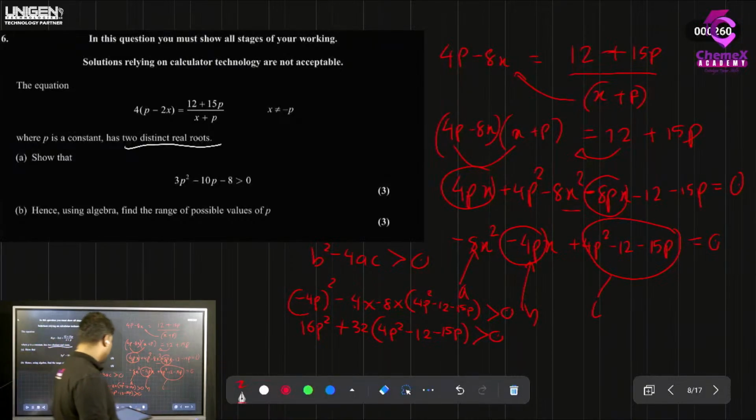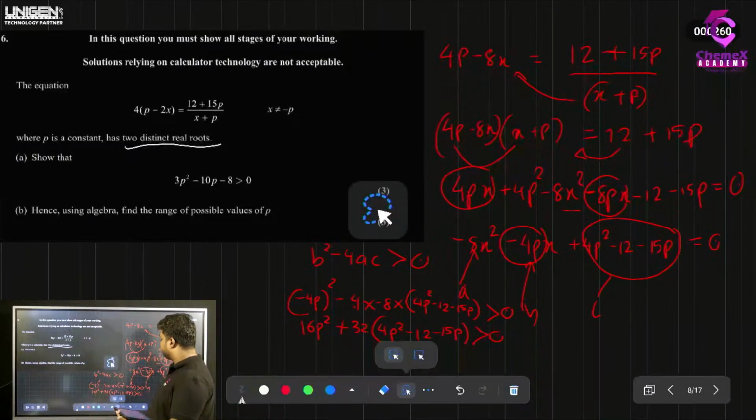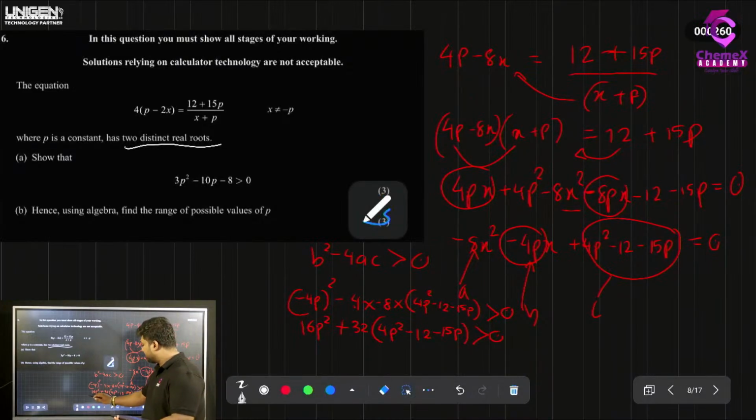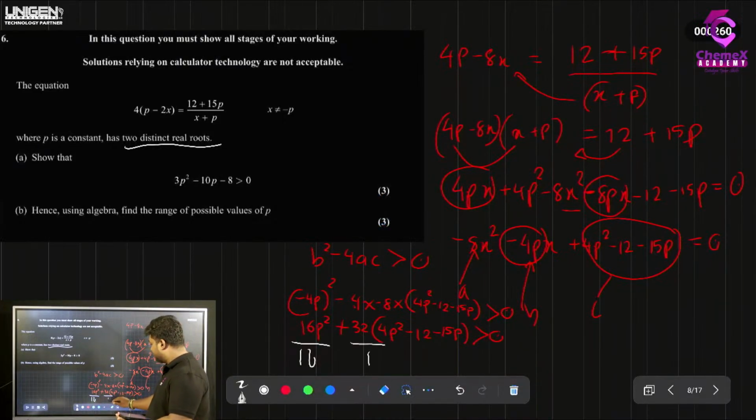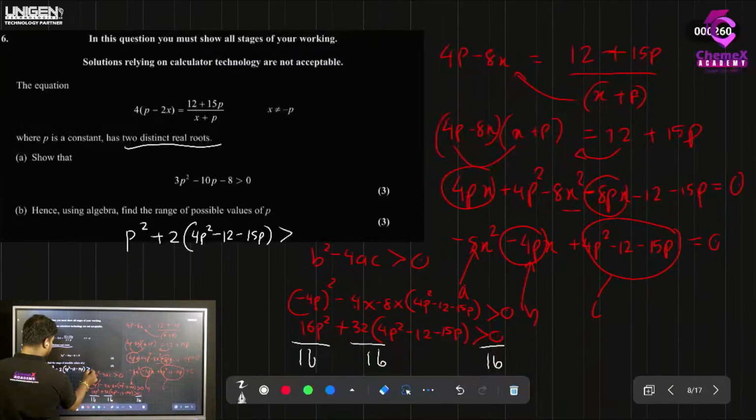If you want, you can divide everything by 16. That's easy to simplify. Then what do you get? p squared plus 2 bracket 4p squared minus 12 minus 15p is larger than 0.